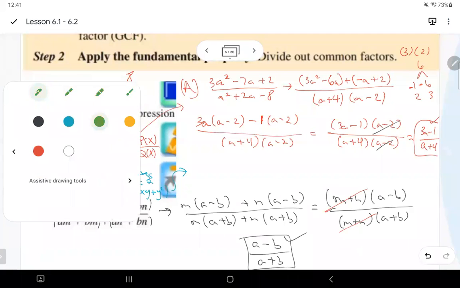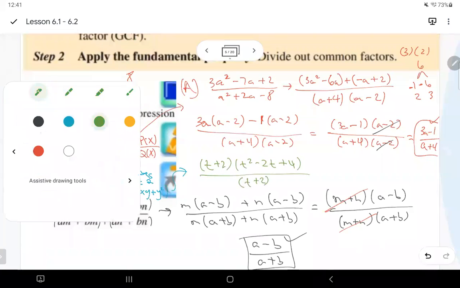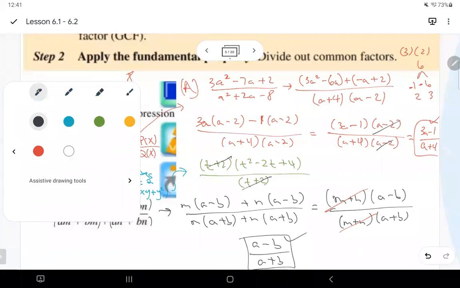So let's go ahead and shove this all in here. We're going to end up with t plus 2 times t squared minus 2t plus 4 over t plus 2. The t plus 2's are going to cancel.